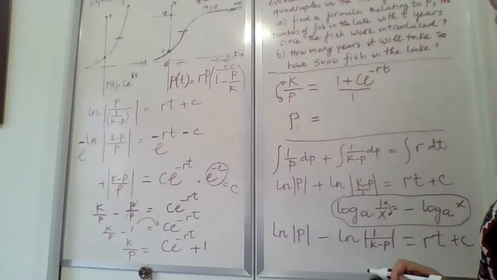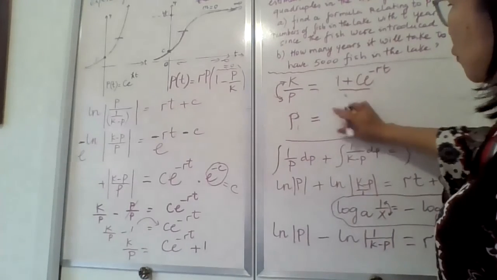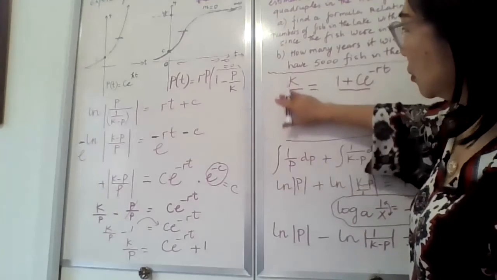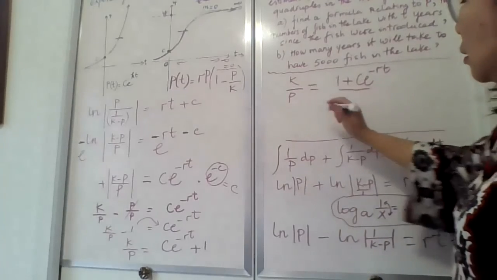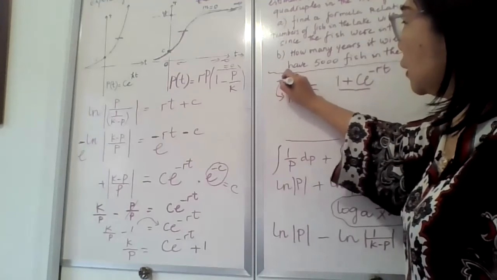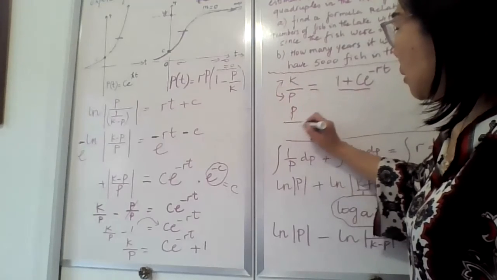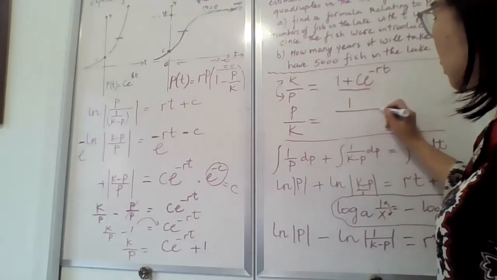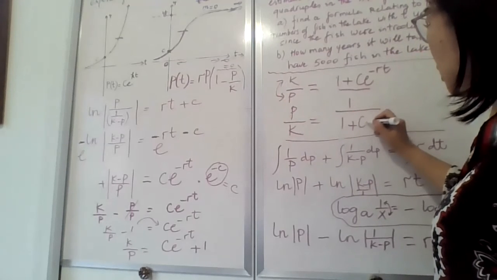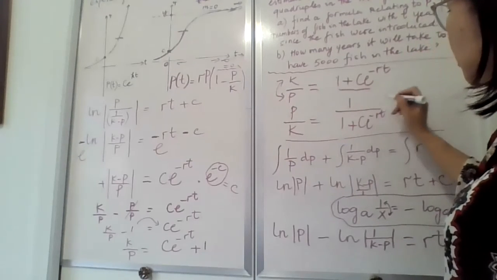So before I do that, what do I have? I have k over p. When I invert the fraction, I have p on the top and k at the bottom. And this also inverts: 1 on top, 1 plus c e to the minus rt.